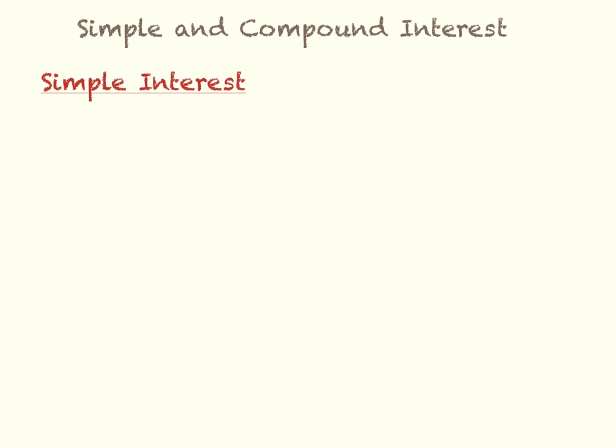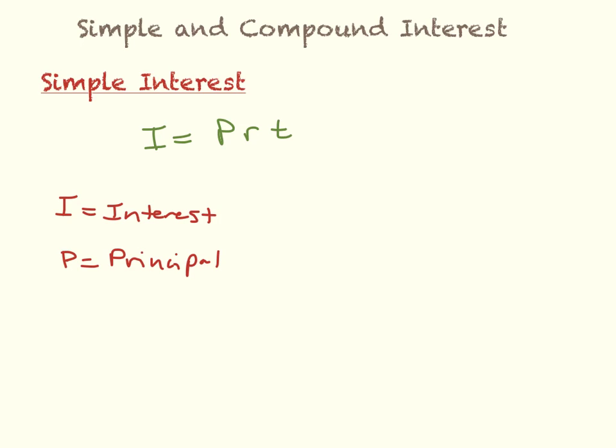So the formula for simple interest is I equals P R T. Now in this formula, the I is the interest, the P is the principal, or the starting amount, and the T is the time, and that will be in years, some amount of years.